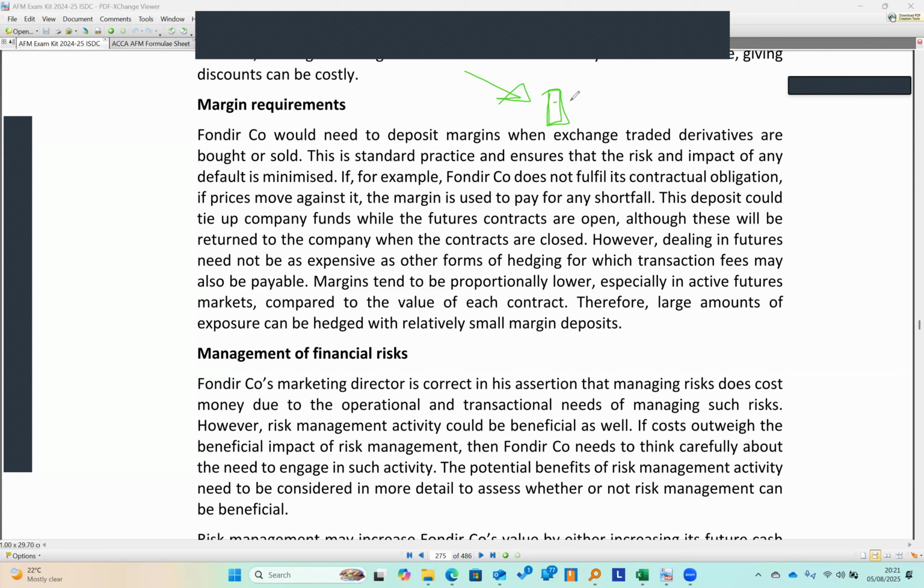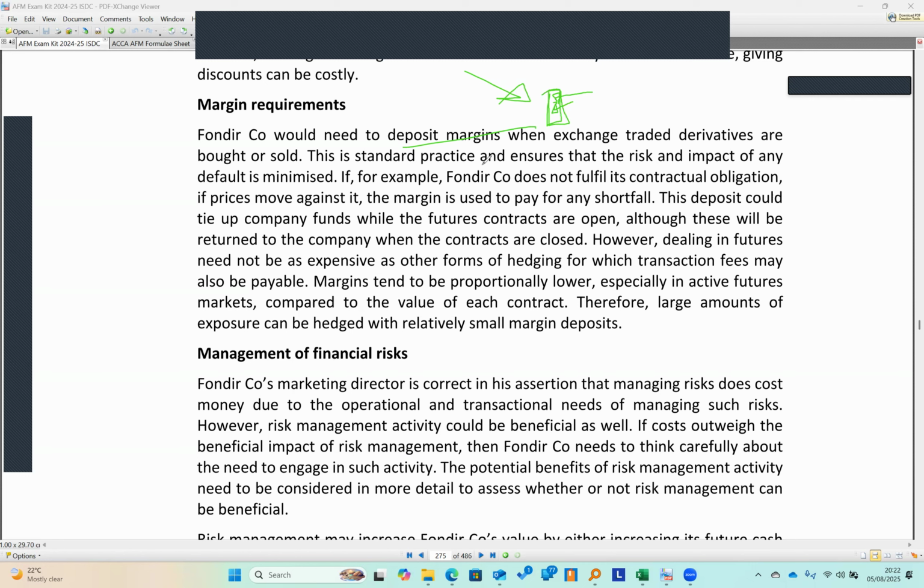When they move in your favor, they credit your account with some money. But when they move against you, then they ask you to come and pay some margin requirement. So you pay some money. And that happens until the end of the period of maturity, whereby now they balance out and see what has to be paid to you or what you have to pay. So that's what they call depositing a margin.